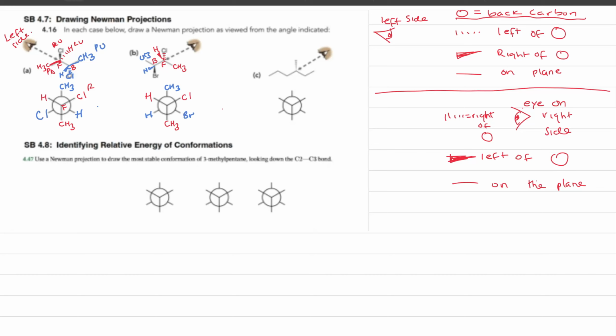For this one, the front carbon is, hold on, I just want to draw my wedges and dashes. The front carbon is the one with the CH3 on the dash. So then we get the CH3 on the dash on the right side.